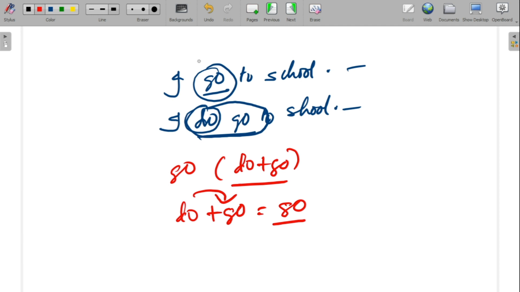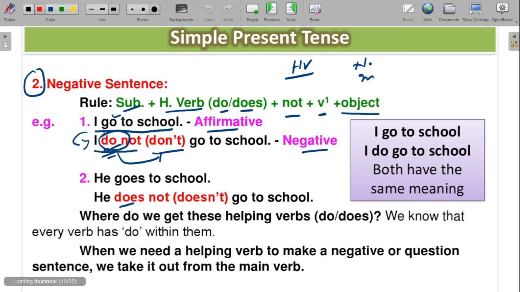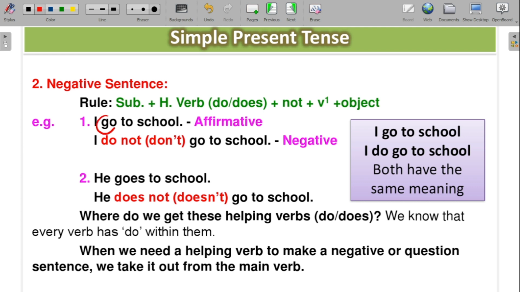Wherever we take any verb, we can find the action word do there. So, when necessary, we take that do from the main verb and take it out, and we use it to make a negative sentence or interrogative sentence. Understand? I go to school, I do go to school, both have the same meaning.